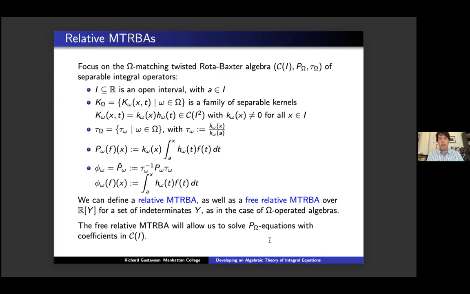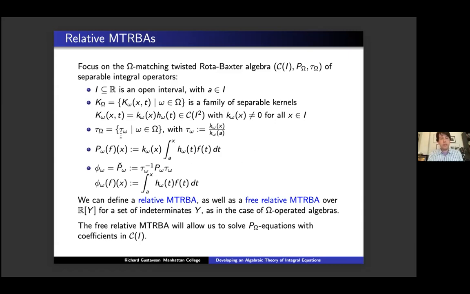And so what we were able to do was we focused on the case of separable kernels. So this is just all the information I had previously about separable kernels. Remember I said we saw that the separable kernels satisfied that matching twisted Rota-Baxter algebra identity. And we said that if that was the case, then you can define a new operator that was a matching Rota-Baxter operator.